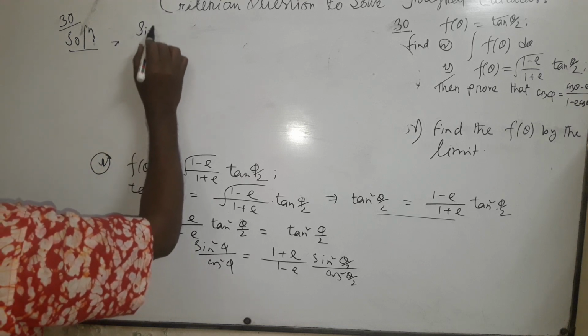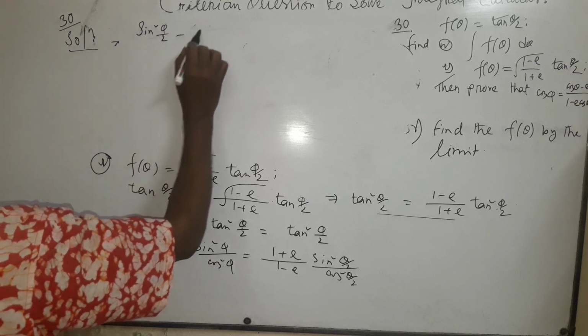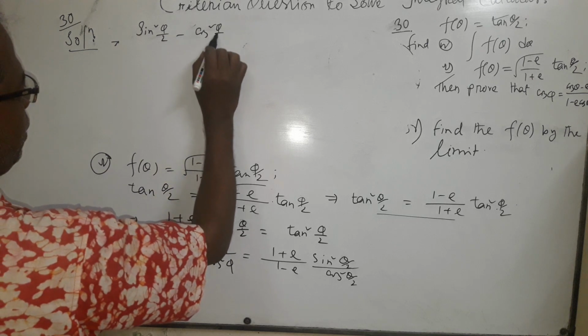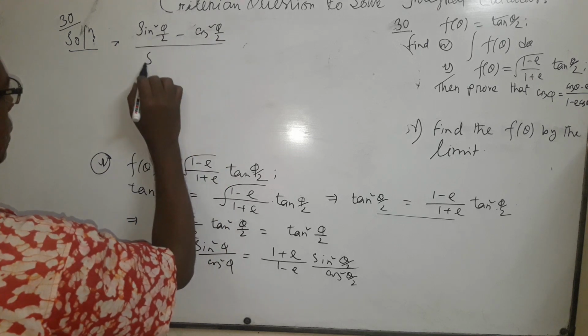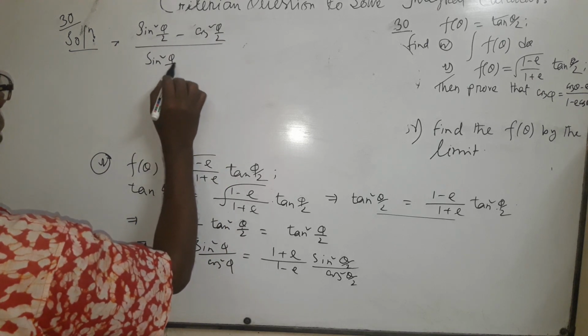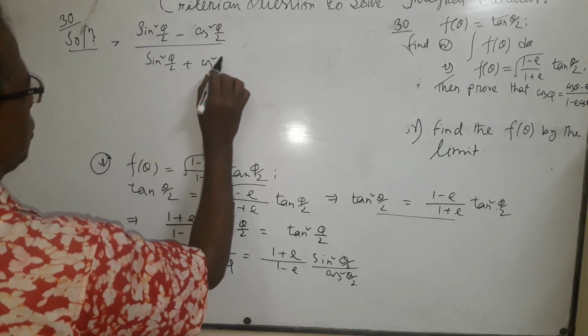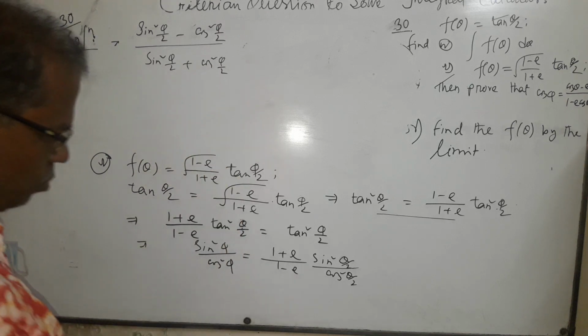Sin square phi divided by 2 minus cos square phi divided by 2, divided by sin square phi divided by 2 plus cos square phi divided by 2.